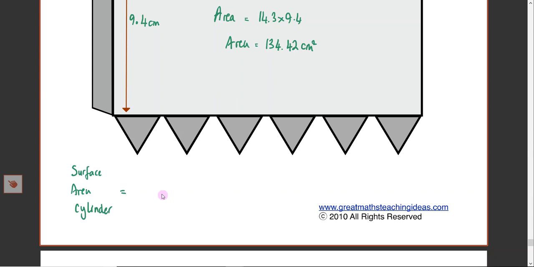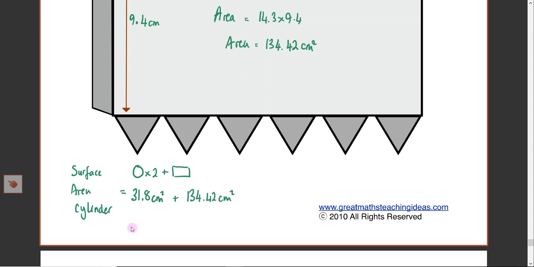Okay, so that means we have the circles multiplied by 2 and the rectangle, and we add those together. So what was two lots of the circle? We said it was 31.8 square centimetres, plus the rectangle is 134.42 square centimetres.